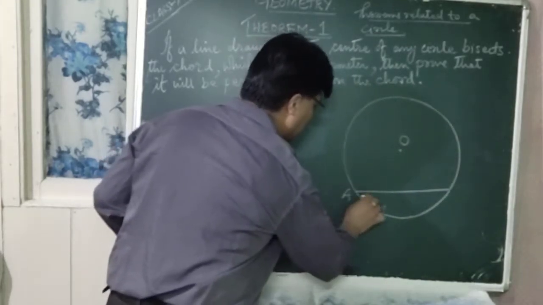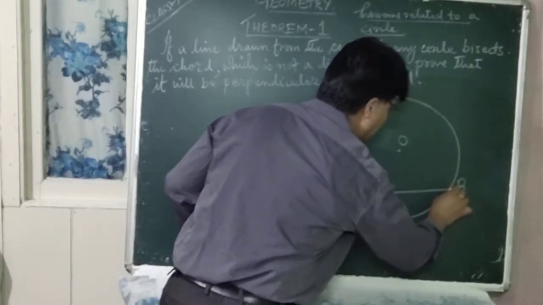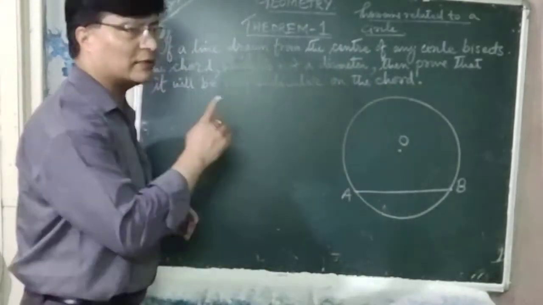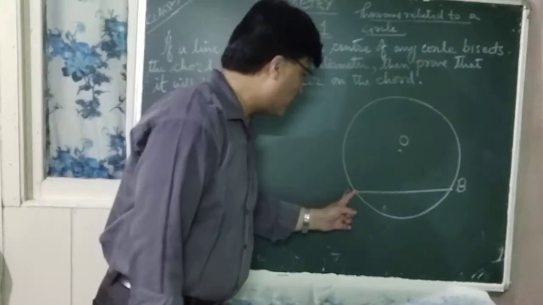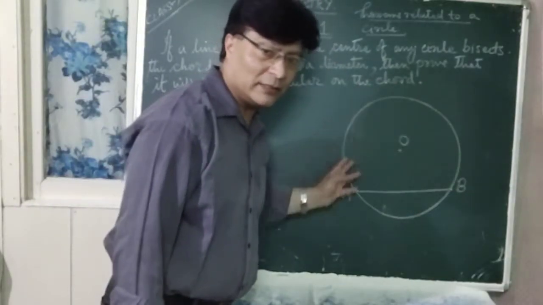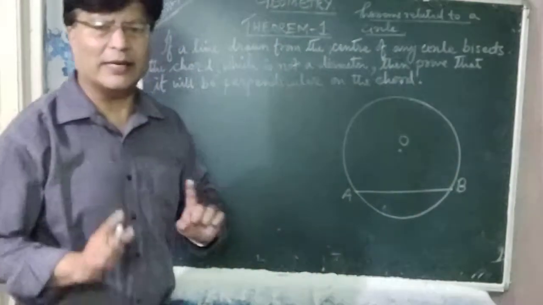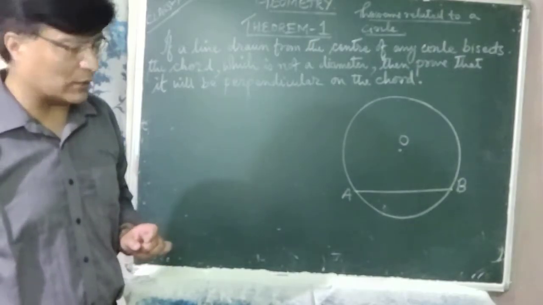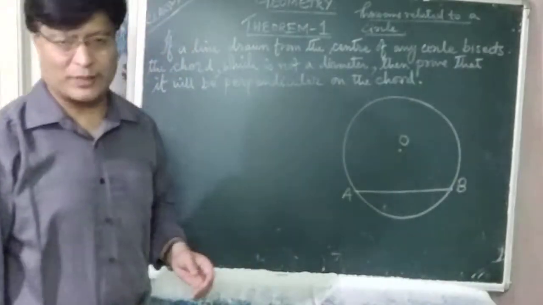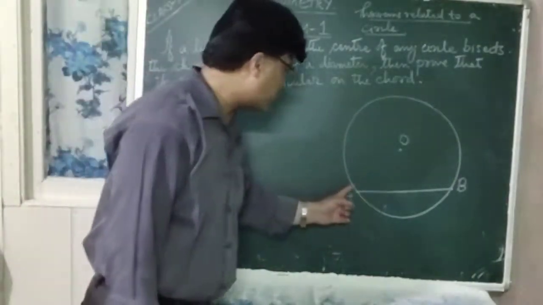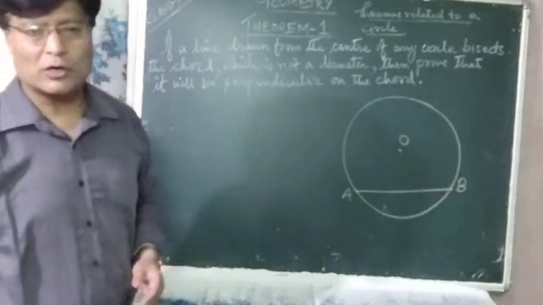So here the 2 points A and B are taken on the circumference of the circle. Any 2 points on the circle, right? So join these 2 points A and B, you will get a straight line. So this straight line AB is known as the chord of the circle.